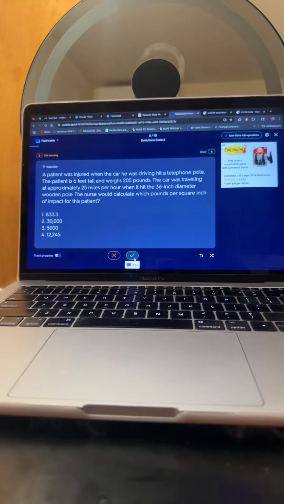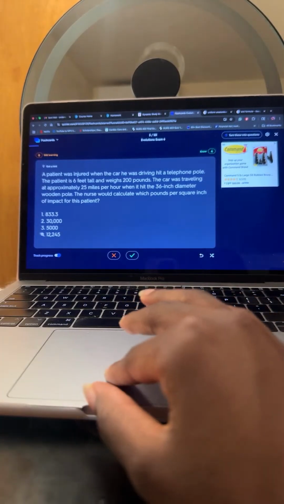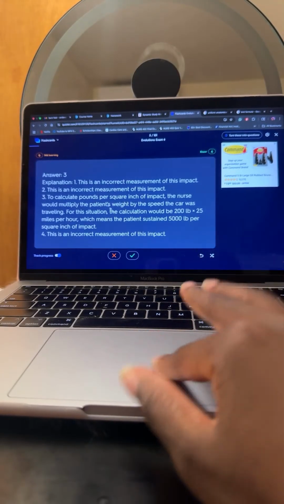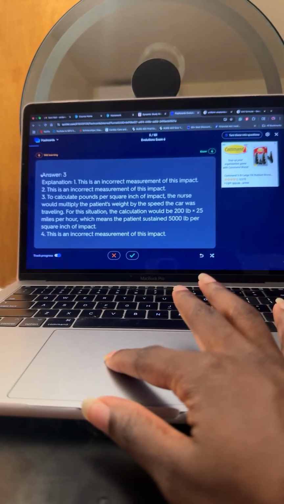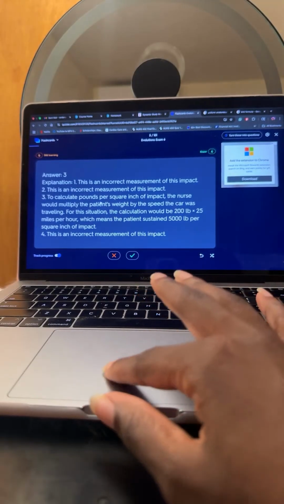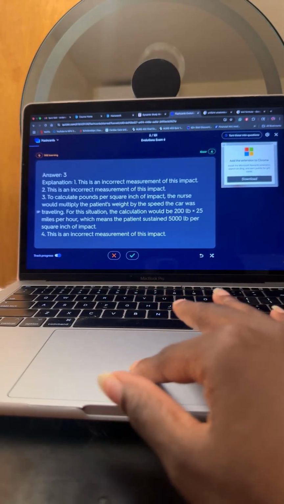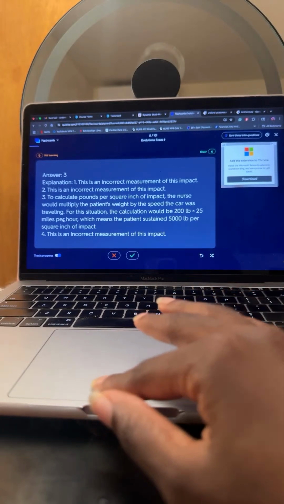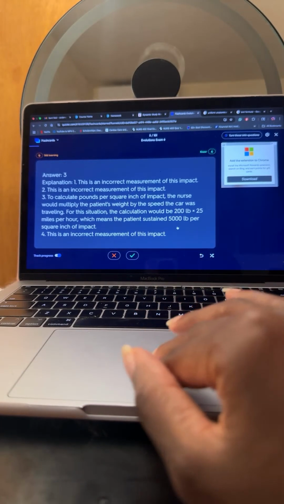So 200 pounds times 25 miles per hour: 25 times 2 is 50, and then add back 2 more zeros. That gives us 5,000 pounds per square inch. The answer is 3. To calculate pounds per square inch of impact, multiply the patient's weight by the speed of the car. So 200 times 25 gives us 5,000.